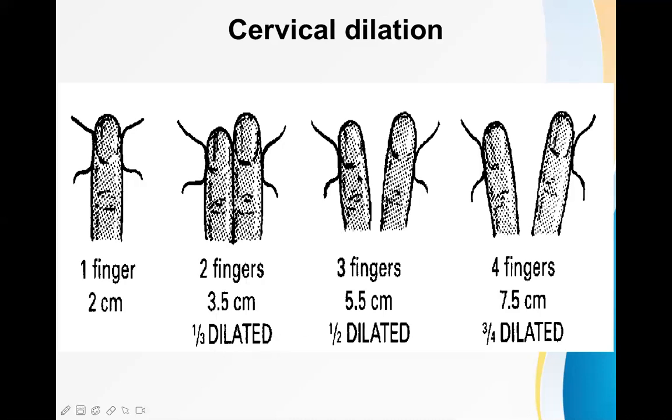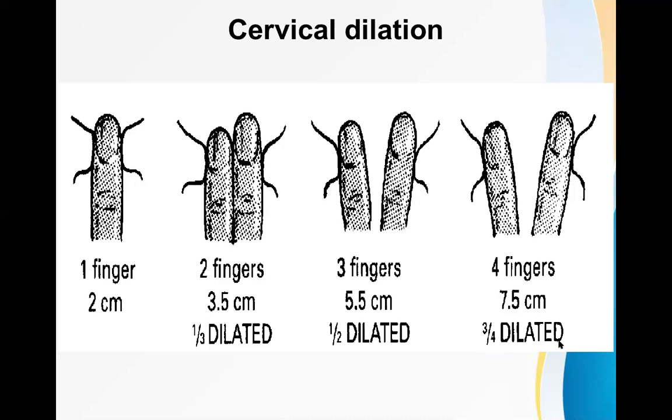If you can separate 2 of your fingers, see that there is a gap, so we believe 3 fingers can be adjusted there. It is 5.5 centimeters or half dilated. You can say 5 to 5.5 centimeters, because the total dilation is 10 centimeters. So if you put fingers like this, then 7.5 centimeters. So this is the way by which we judge the total dilation of the cervix.